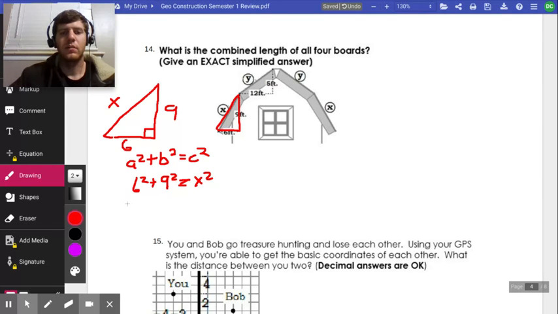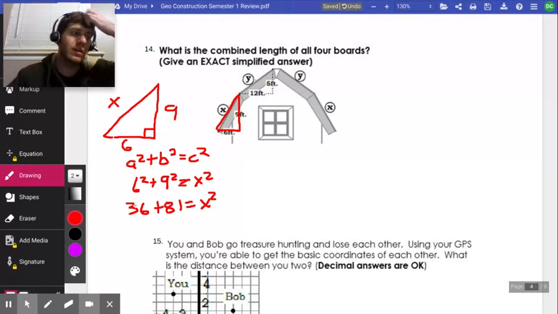Okay, so that's 36 plus 81 equals x squared. May as well just put it in the calculator because we're going to have to take the square root anyways. So 81 plus 36 is going to be 117.